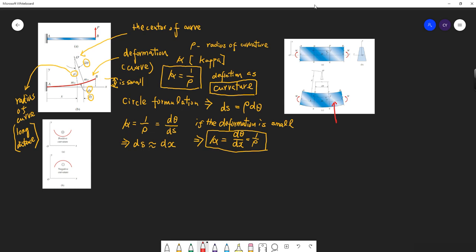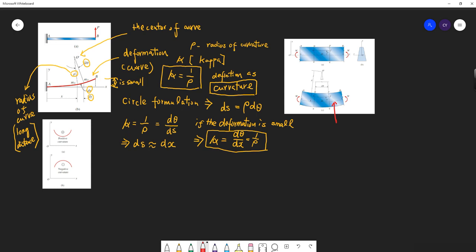The dotted line we call the axis. This is a special name in this analysis.